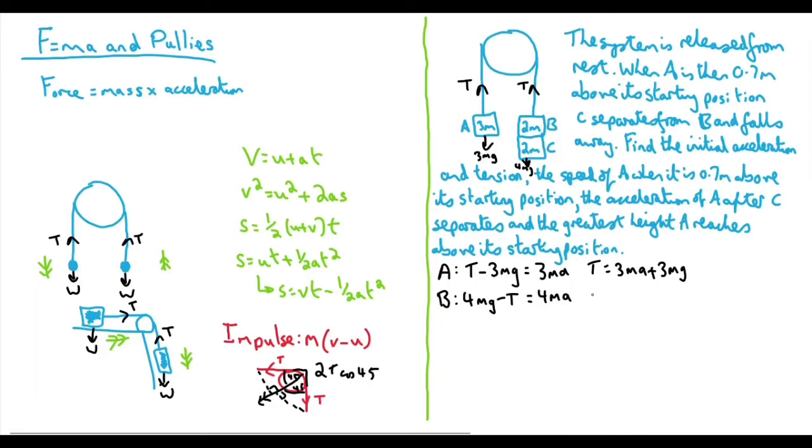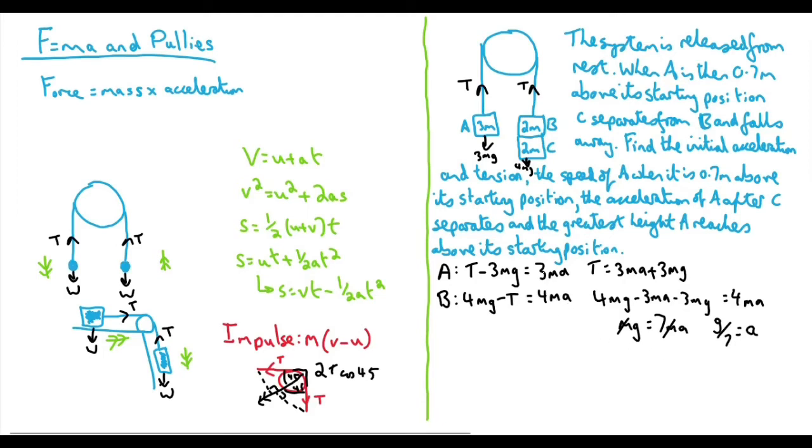So then, for this, we'd have 4mg minus the 3ma minus the 3mg, because it's all being minused, equals 4ma. Thus, 4mg minus 3mg is just a singular mg. Add that over here, you end up with 7ma. Therefore, the m's are going to cancel, and a is left being g over 7. So that's your initial acceleration.